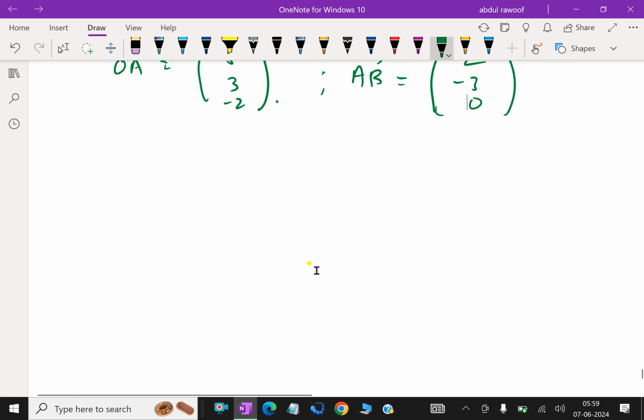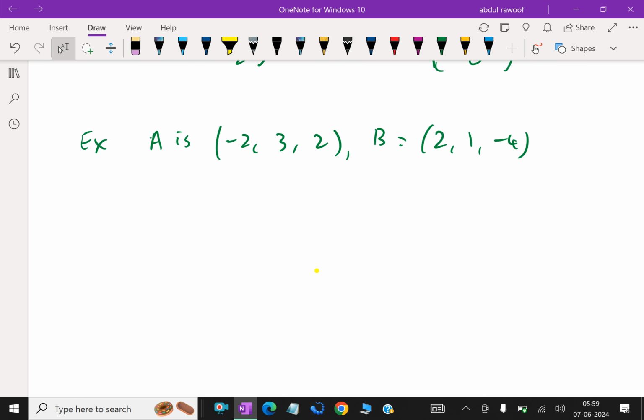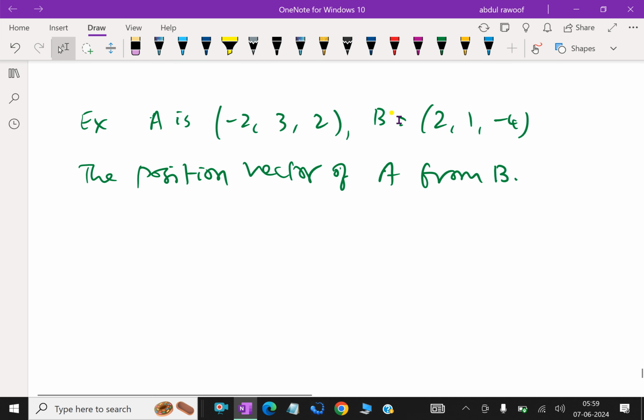Now one more example. If A is minus 2, 3 and 2, B equals 2, 1 and minus 4. We have to find the position vector of A from B. A from B means from B to A you have to calculate.